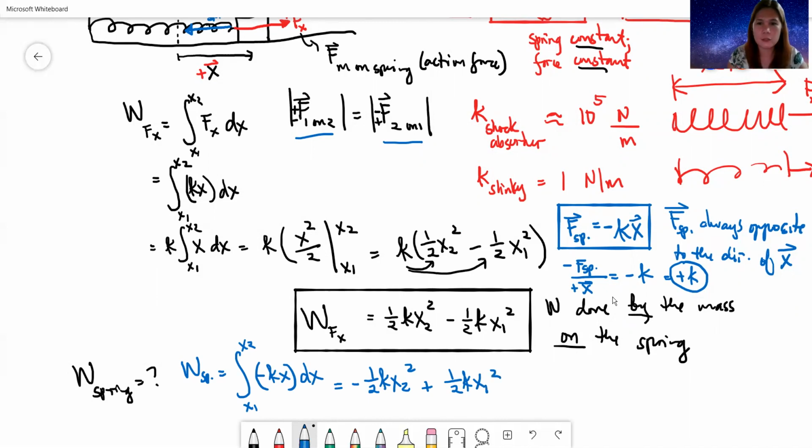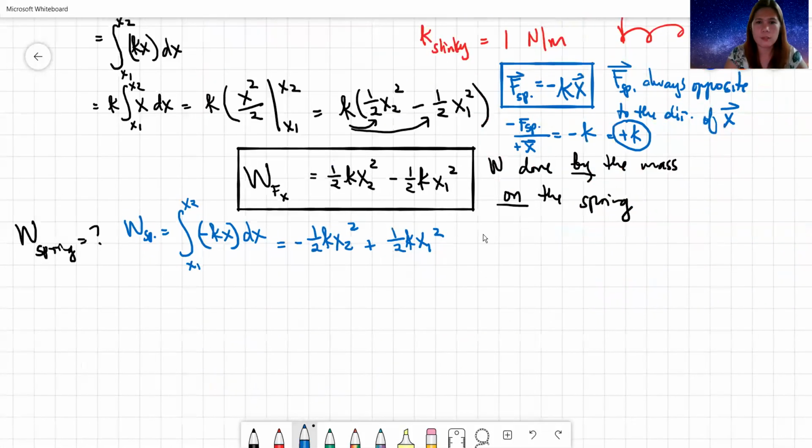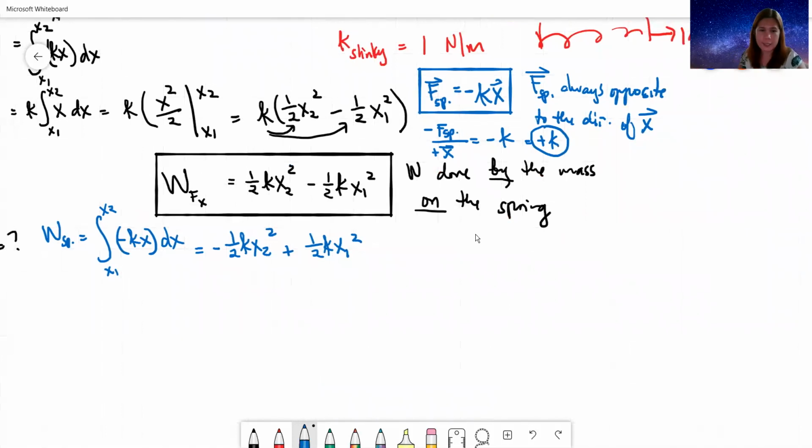So, let me put it again. If Fx is the action force and spring force is the reaction, then the work done by the spring is, let me start with this positive term, 1/2 k x1 squared.